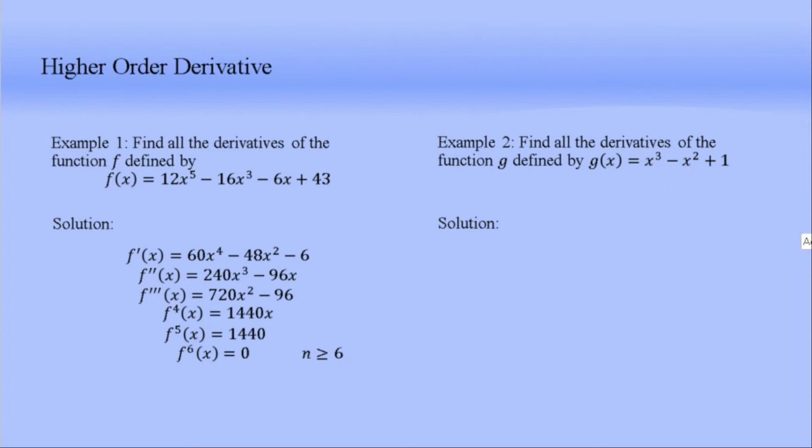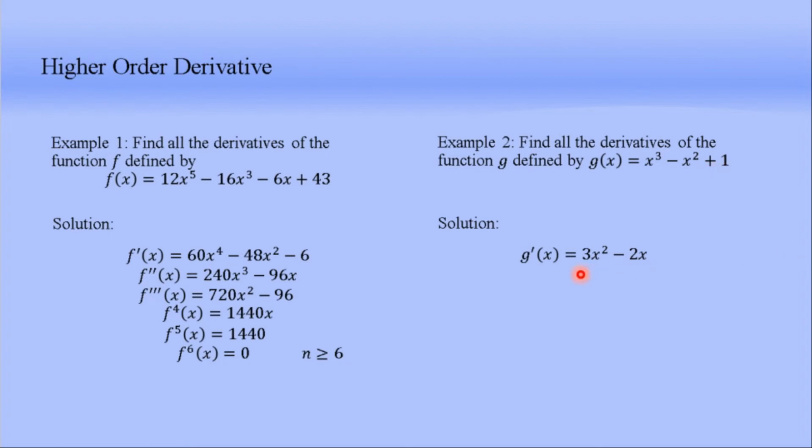So the derivative of x cubed is 3x squared, and then the derivative of negative x squared is negative 2x, and then the derivative of 1 is just 0.